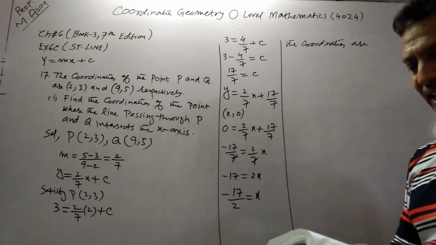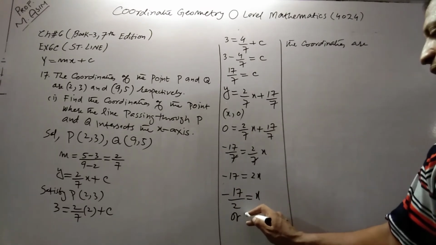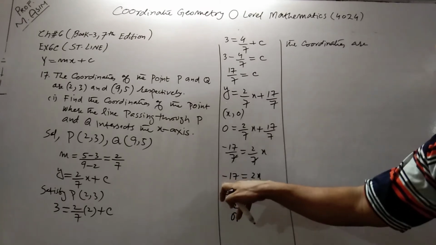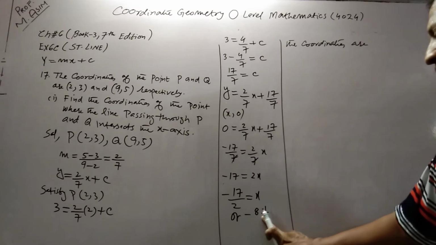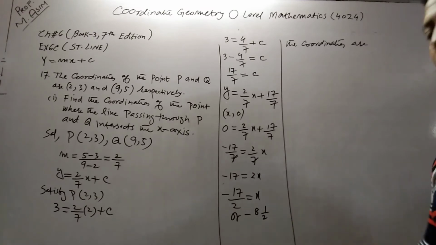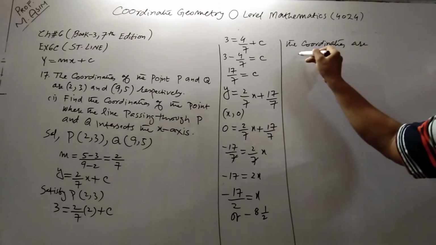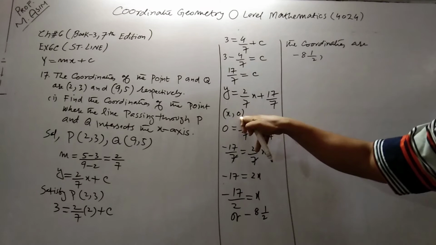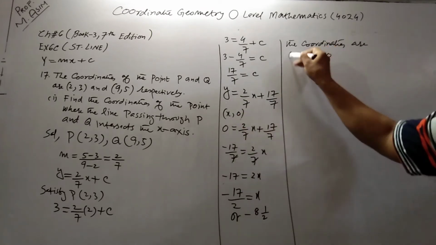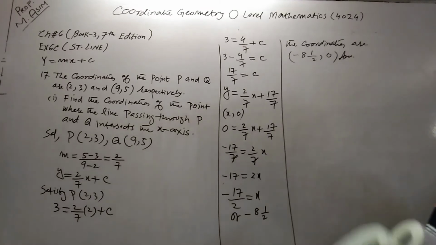Minus 17 upon 2, which can be written as minus 8, since 2 eights are 16, and 1 upon 2, in mixed number, because the answer in the book is given in mixed number. Coordinates are minus 8 whole 1 upon 2 comma 0. So this is the answer of part number 1.